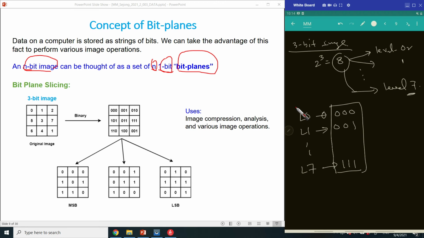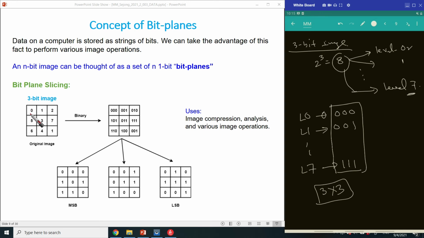So let's say now we consider a 3x3 image. That means there are 3 rows and 3 columns: rows 1, 2, 3, and columns 1, 2, 3. This is called a 3x3 image. Let's say we are considering a 3-bit image, so a pixel might have any value from 0 to 7.